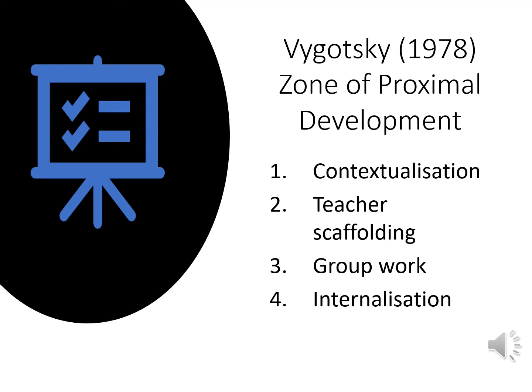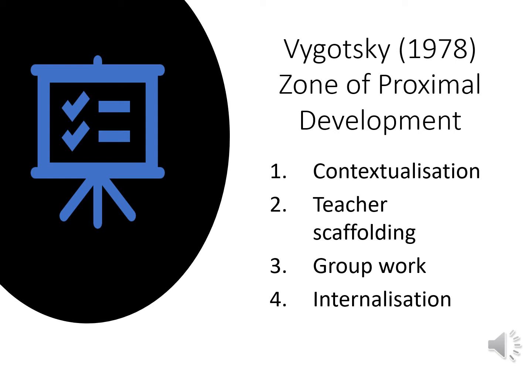Vygotsky argued that there were 4 steps in the zone of proximal development where a student moves from what they can do by themselves into what they can do with others before they develop it internally. He argued that the first stage is contextualization, contextualizing the learning a student is going to do.